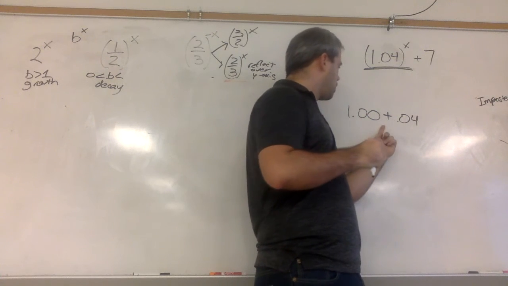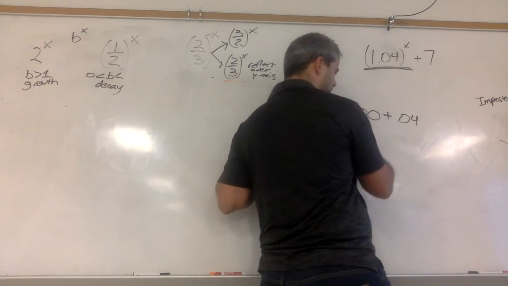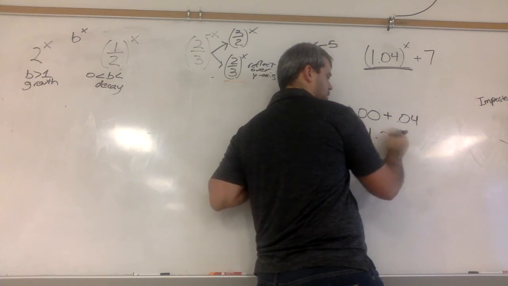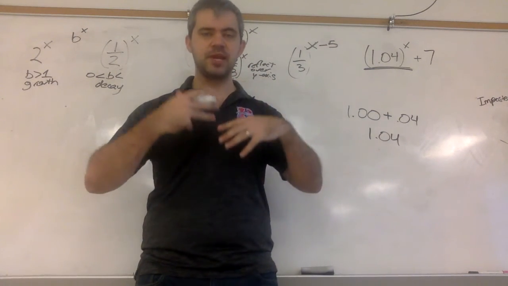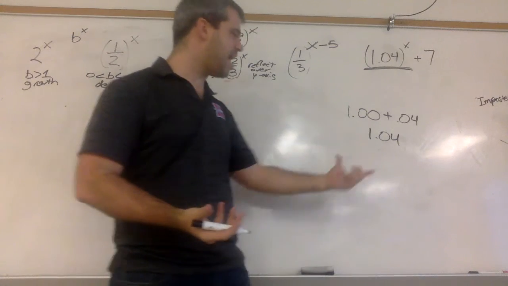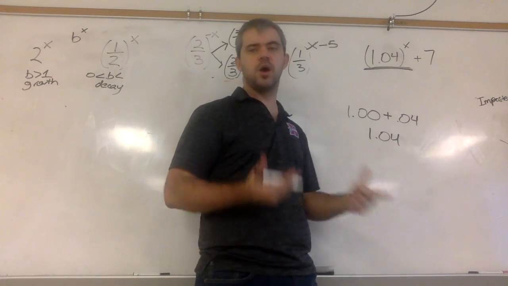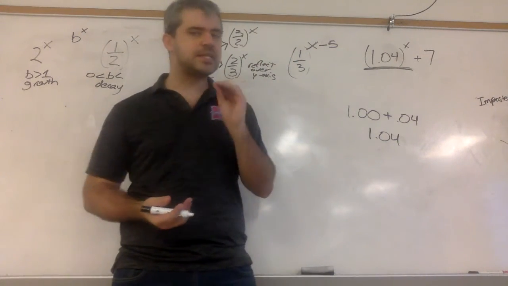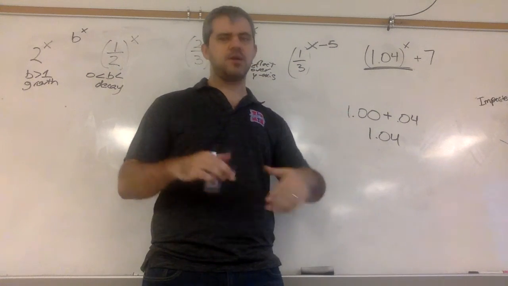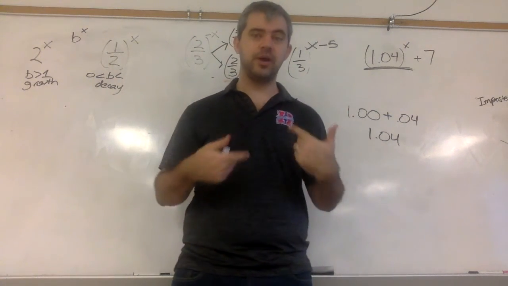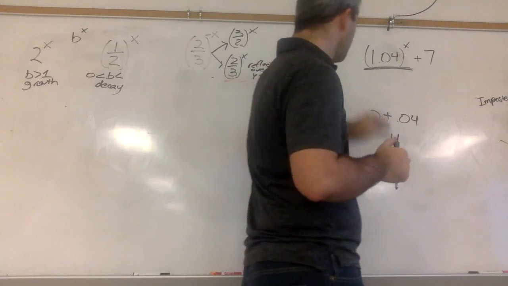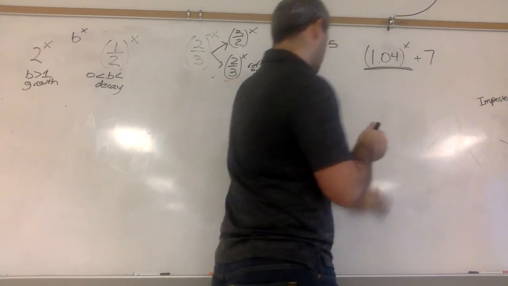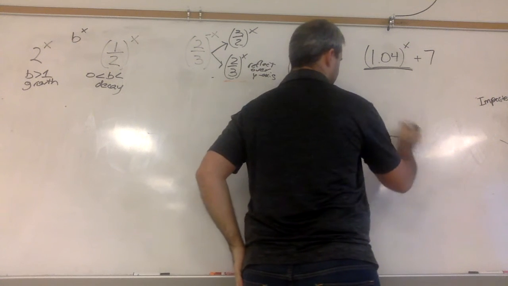Well, it's 1 plus 0.04, it's 100% plus 4%, which is 104%. Every year, your debt is being multiplied by 1.04, which isn't too bad at first, but there's a snowball effect, and it will eventually be exponential. So let's take a look at what this graph would look like.